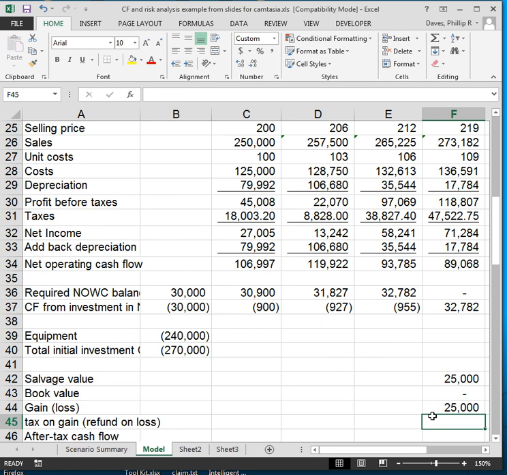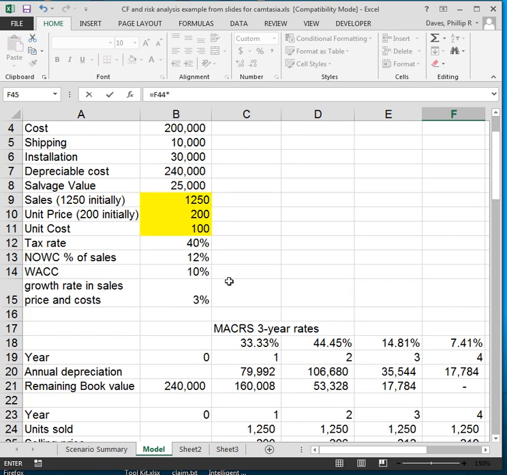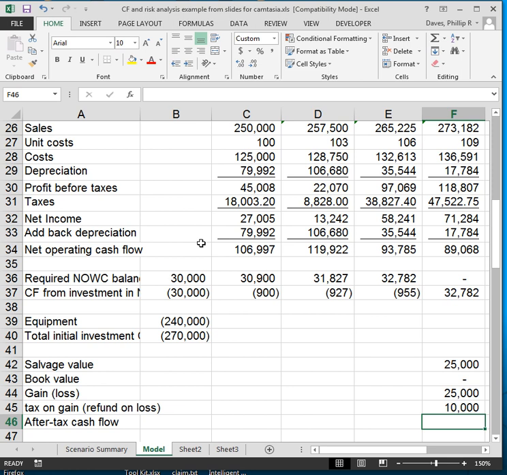But either way, you have to pay tax on that gain. The tax on that gain, or the tax credit on that loss, is the amount of the gain or the loss multiplied by the tax rate, which in this case is $10,000.